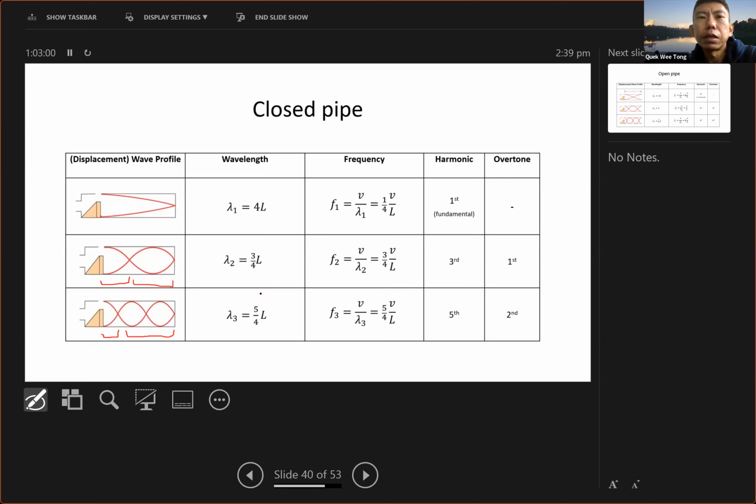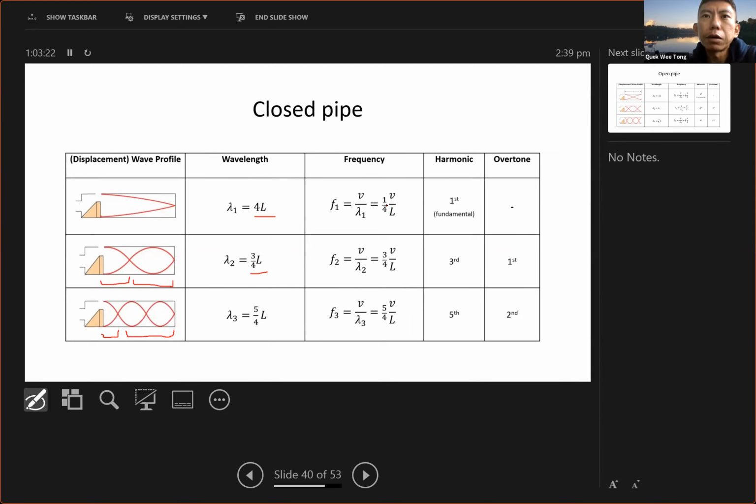So that's the pattern. You write it out, it will be 4L. We'll look at the relationship, which will be more obvious in the F part. So F1 will be 1/4 V over L. Then F2 is 3/4, F3 is 5/4.